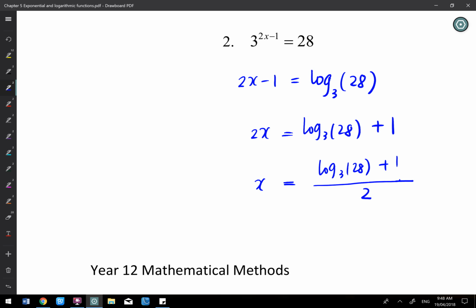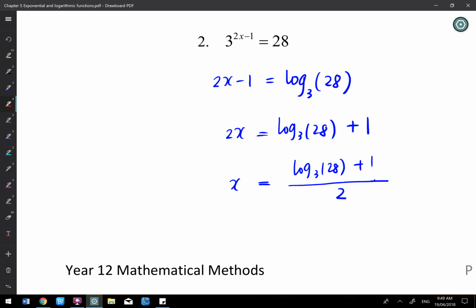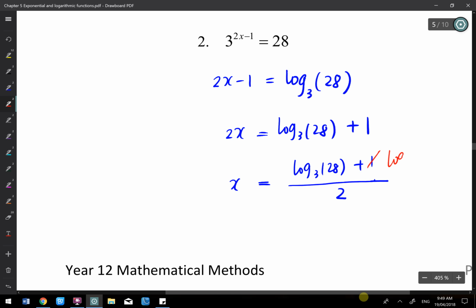Well, if you really want to do something to that, though I don't think it's really better, I can make 1 become log base 3 of 3. And 2 is log base 3 of 3 to the power of 2, which is 9, right? How do I make that? Log 3 to the power of 2, that's 2 log 3, so it's log base 3 of 9.